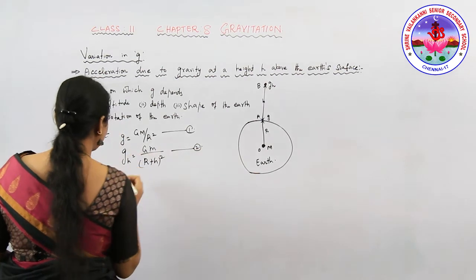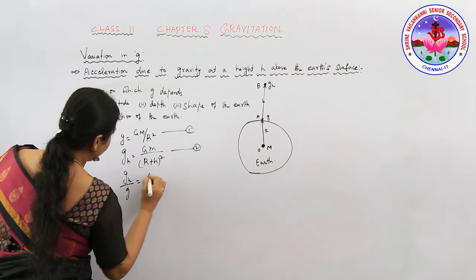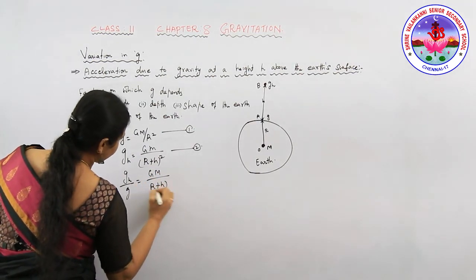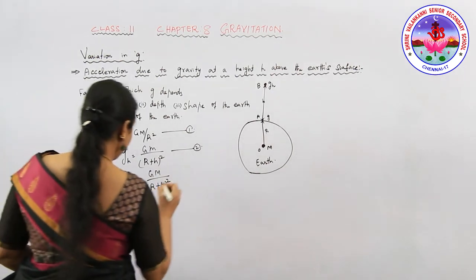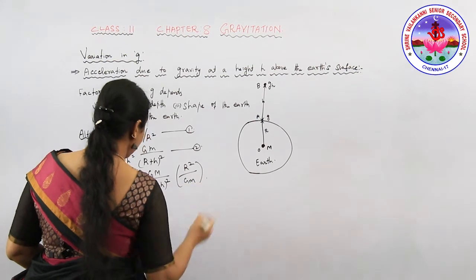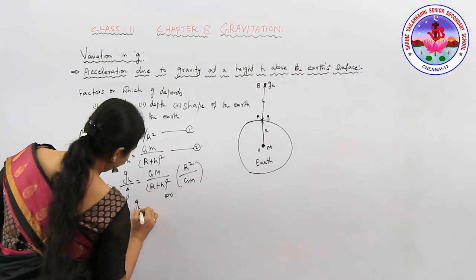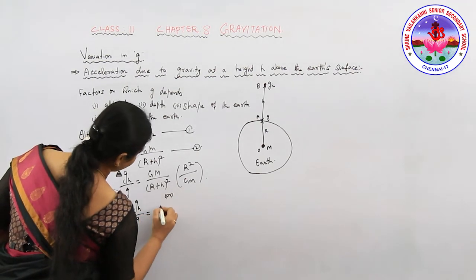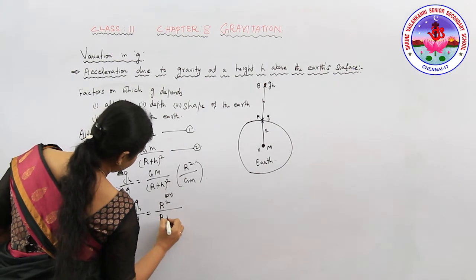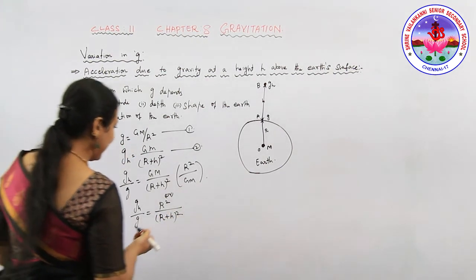By comparing these two equations, we get gh by g equal to r square by (r plus h) whole square.